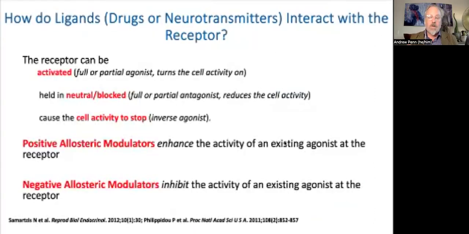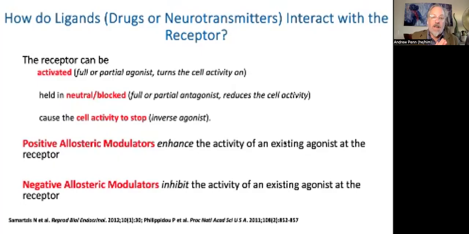And so when we talk about these kinds of receptors, we're often talking about what kind of activity do they have once they attach to the cell receptor, rather. So the receptor can either be turned all the way on, which is known as an agonist or an activation. It can be sort of prevented from being activated by the endogenous neurotransmitter.